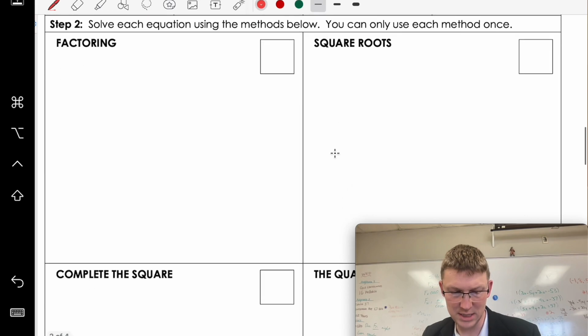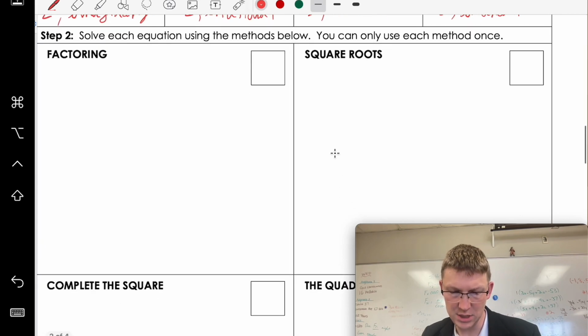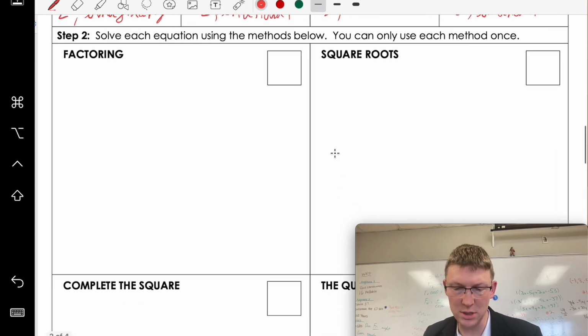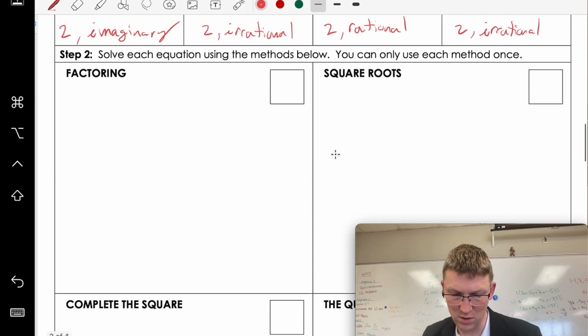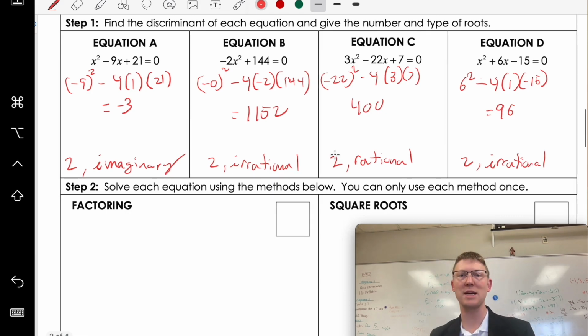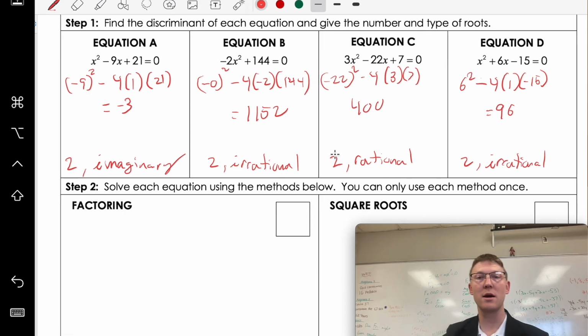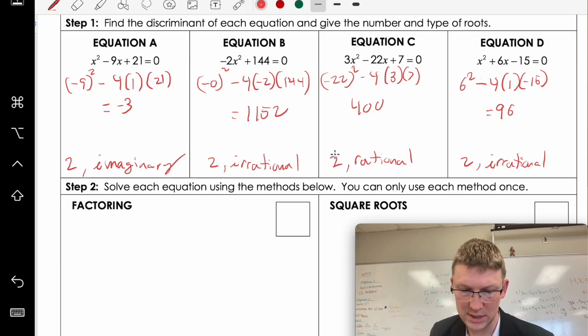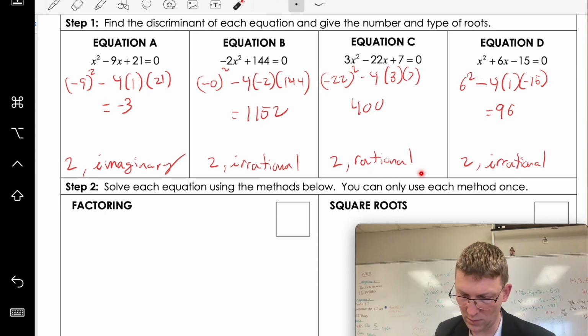Okay, so now using the discriminant, we can make some choices. So down here it says solve each equation using the methods below. You can only use each method once. So we kind of got a little bit of a puzzle here. We've got to match the equation to the best way of solving it. So step 1, this one has 2 solutions that are rational.